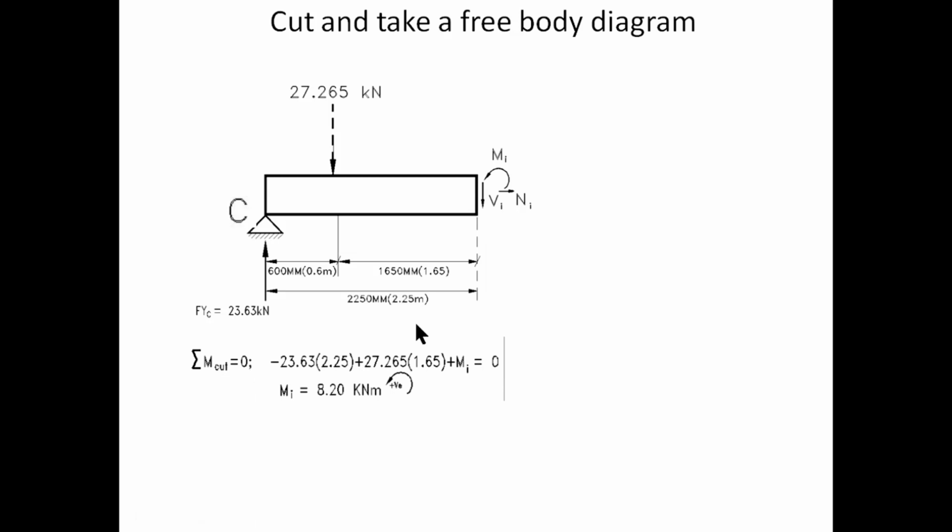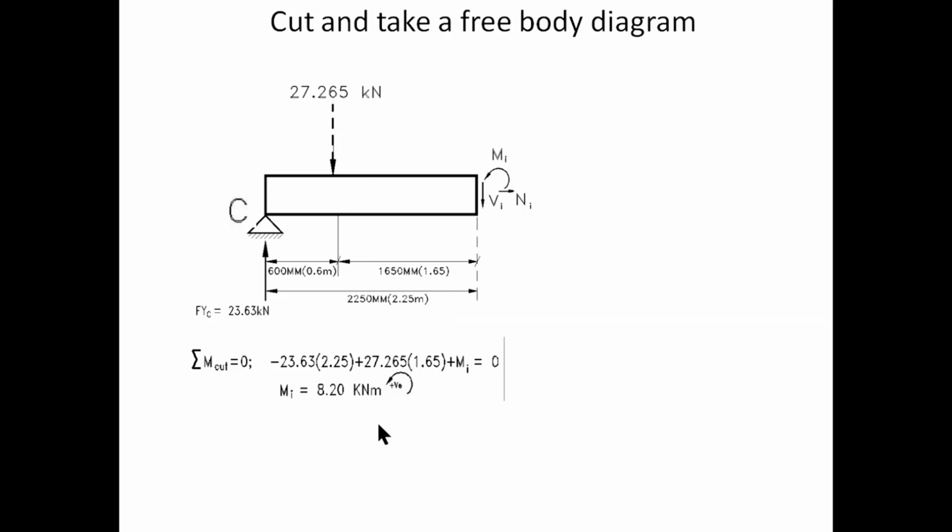Take the sum of moments at the cut equal to 0, and that will be minus 23.63 multiplied by 2.25, again minus because it's clockwise, plus 27.265 times the lever arm of 1.65, and that's anti-clockwise, plus Mi, which we have assumed to be positive anti-clockwise, and therefore Mi, the internal moment, is 8.2 kilonewton meters.